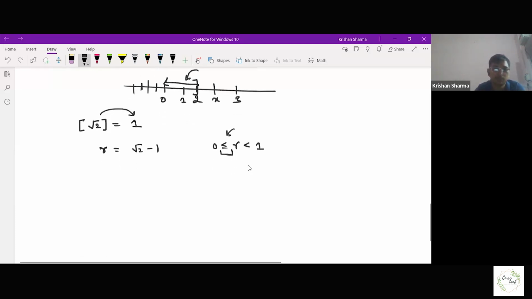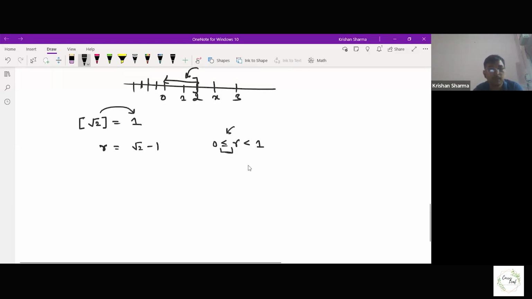But keep noticing these things. Now, firstly, what is r1? Well, r1 is r raised to power 1, which is square root of 2 minus 1. What is r2? Well, that is r squared, which gives us square root of 2 minus 1 whole squared, which we can all open.